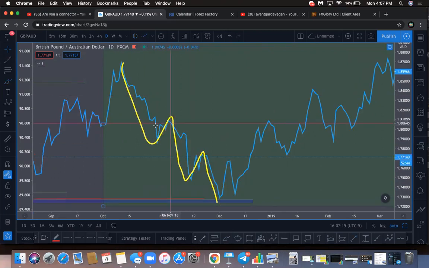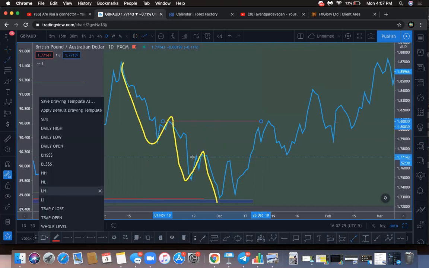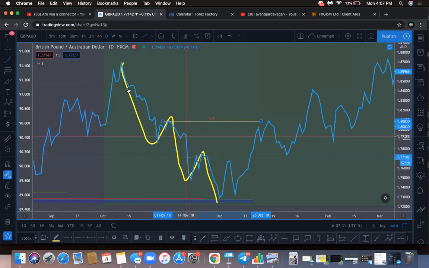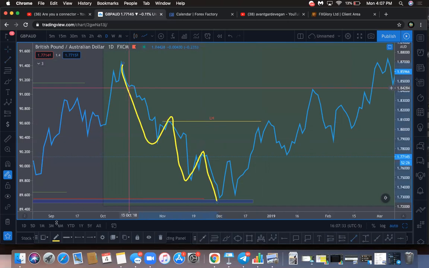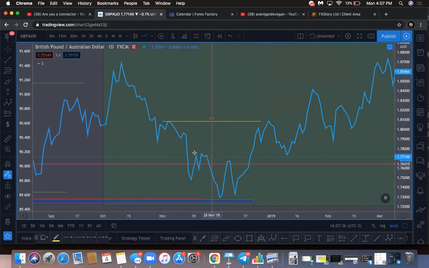So we have a lower high. Because remember, when we break a lower high structure point, that means we are in an uptrend now. Right? That's a lower high. And right here is a lower high.